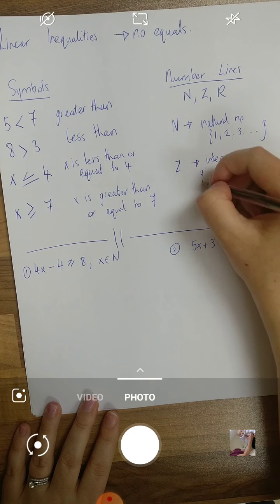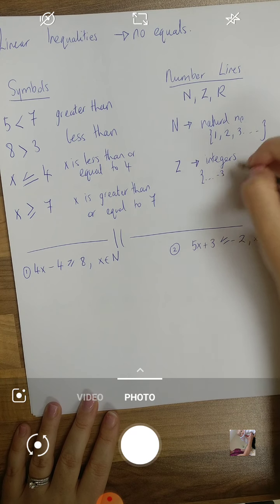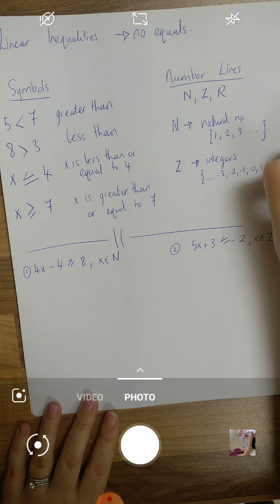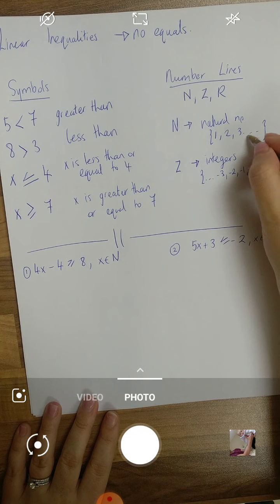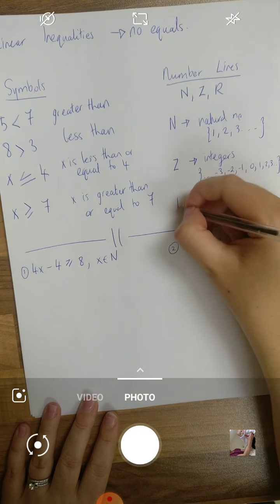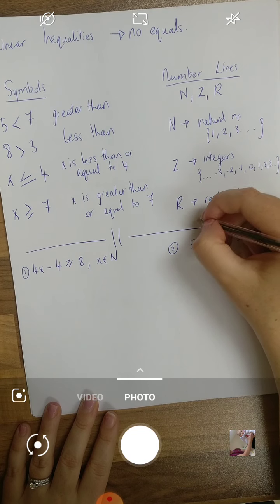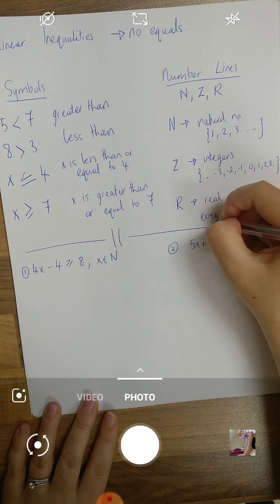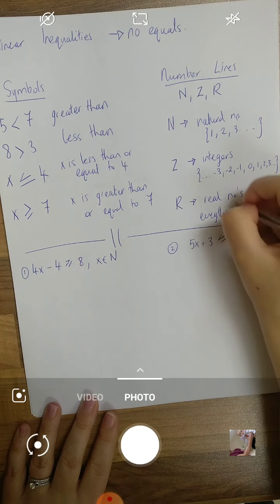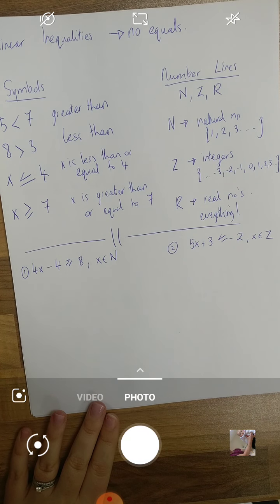Now integers are positive whole numbers, negative whole numbers, and 0. They're also infinite in both directions, hence the dots. And R is our real numbers. Real numbers is literally everything. You're talking about fractions, square roots, everything.